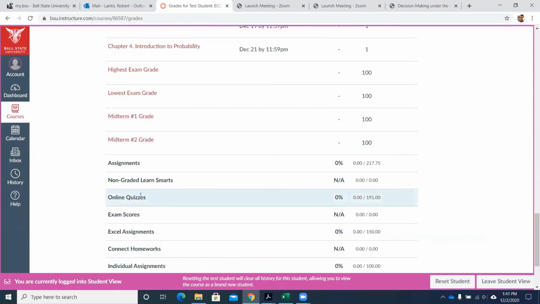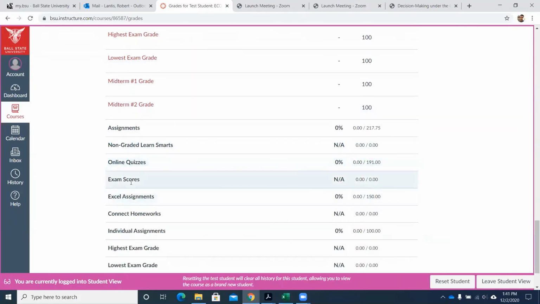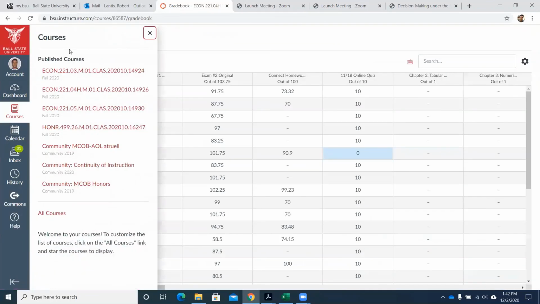So whatever score it has here for online quiz, whatever percent it gives you, that's what you'll be using. So when you look at online quiz, Excel, Connect, and individual, those will be the percentages that you plug into that Excel file.